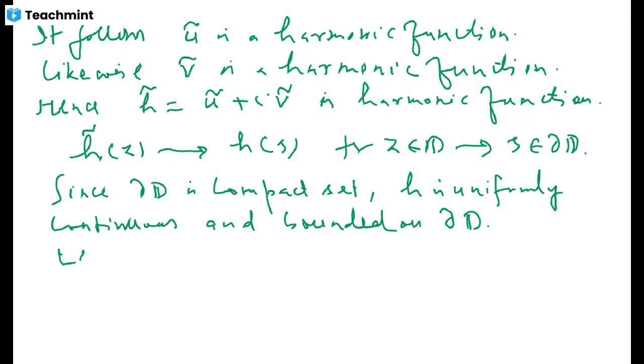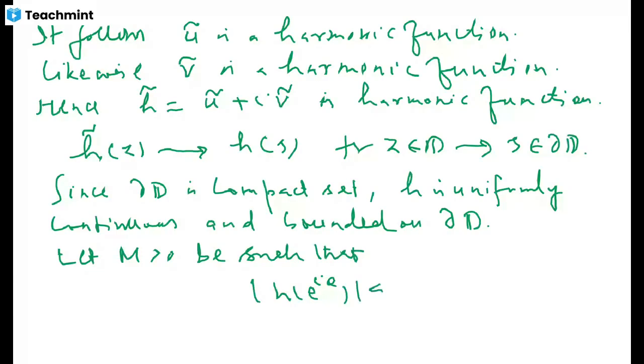So let us set the bound. Let M be the bound such that the modulus of H(e^{iθ}) is less than or equal to M, and let epsilon be a positive number.